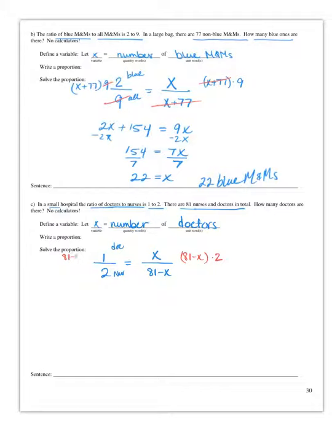From there, we're going to solve our proportion by multiplying both sides by both denominators. So x is equal to 27. That is the number of doctors.